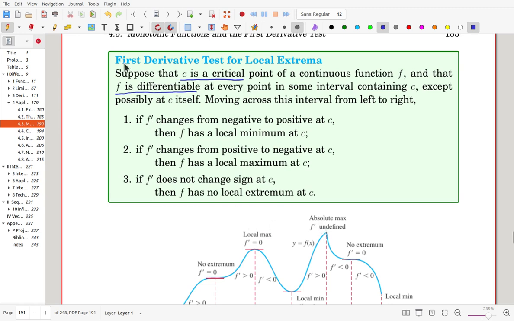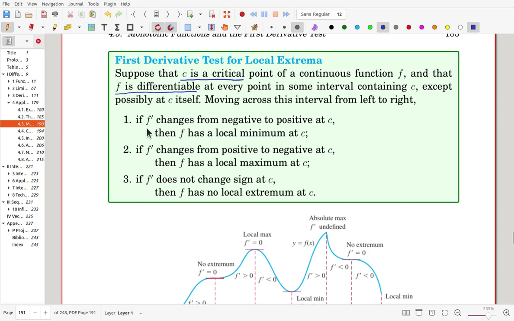So the test says that once c is a critical point, then possibly except at c itself, f is differentiable around there.